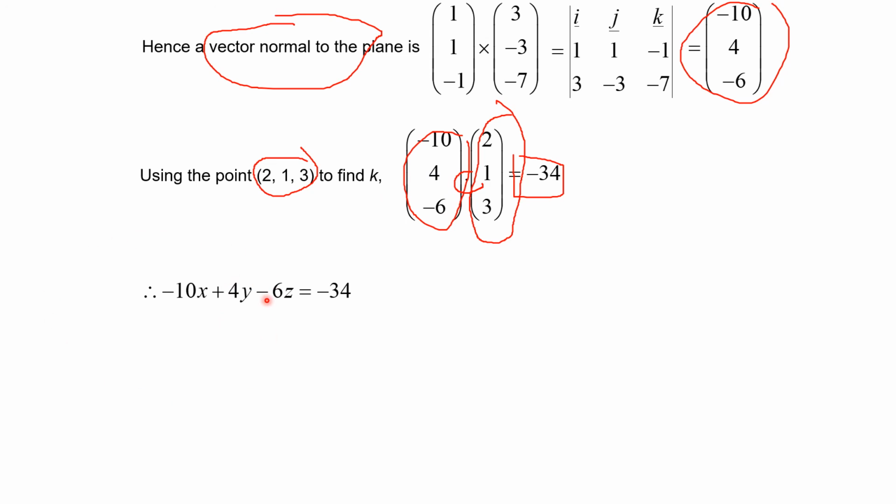So this will be the Cartesian equation of a plane. Or you can simplify this by dividing everything by 2, and you can get this as your plane equation in the form of Cartesian equation.